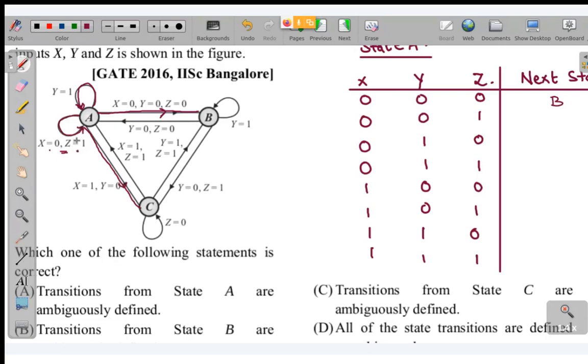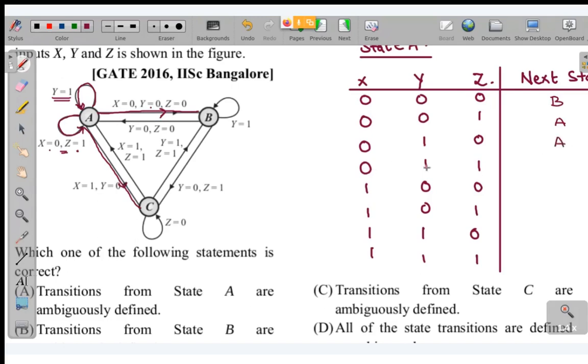Okay. So over here you can see out of these 3, only this condition is being satisfied because X is 0 and Z is 1. So I will be staying at A only. Next look, X0, Y1, Z0. Whenever Y is 1, you have to stay at A only, because you can look over here. It is defined clearly. In any other 4 places, here Y is 0, here Y is not mentioned, and here Y is 0. So whenever Y is equal to 1, you have to stay at A only.